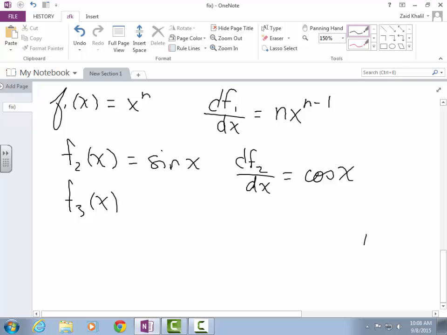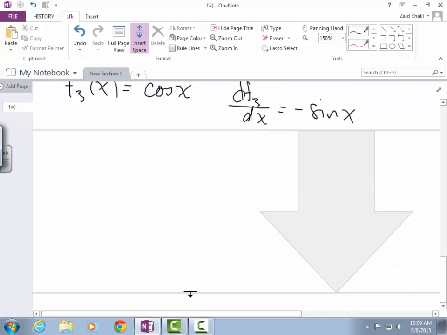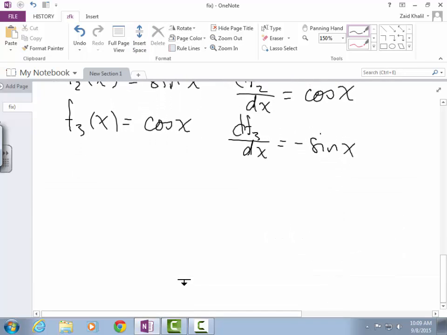This way you know these are distinct, different quantities. Cosine x, negative sine. And you should prove all of these. I can't stress this enough. You should go through and prove all of these. It's a great exercise using the definition of the derivative.